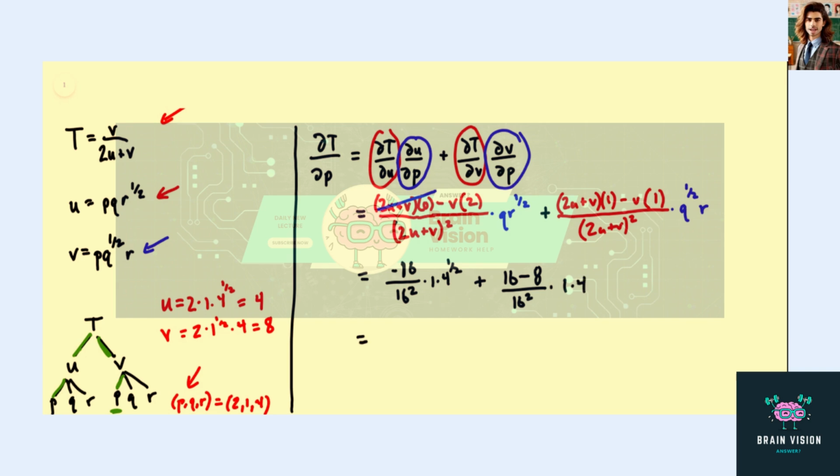All right, so we're getting somewhere. Let's see, what do we have? Negative 16 over 16 squared, well, of course, that'll give us negative 1 over 16. The square root of 4 is 2. 16 minus 8 is 8, times 4 over 16 squared. So we get negative 1/8 from our first fraction.